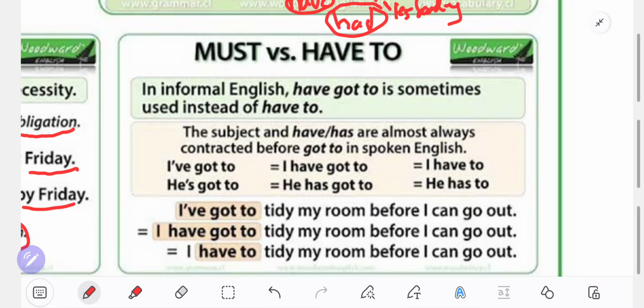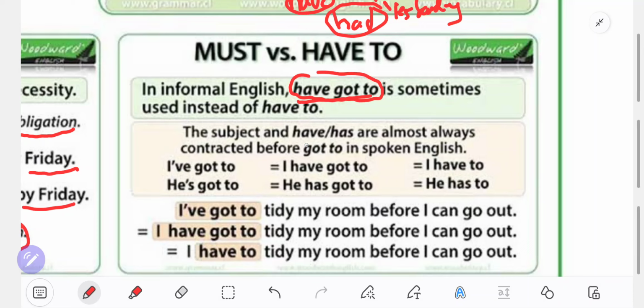In daily activity, many people use the words have got to instead of have to. In their daily activity, they usually use this phrase have got to.